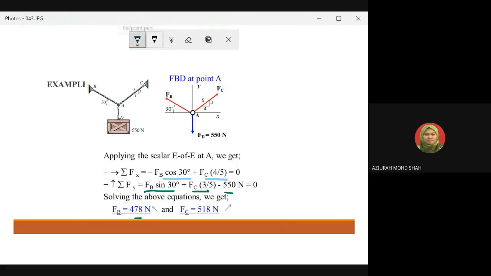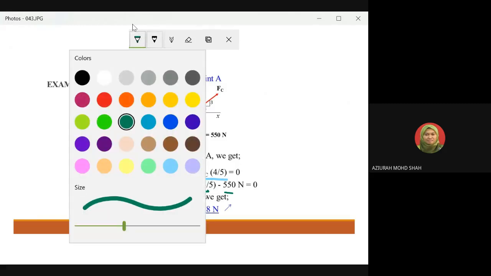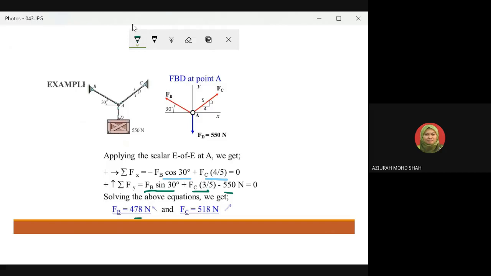Okay. Now, can I use triangle? Can I use trigonometry solution, cos or sin law? Boleh, tak ada masalah. Sekiranya, if only it involves 3 forces. Sekiranya hanya melibatkan 3 forces. Lebih daripada 3, better to use this one, rectangular component.